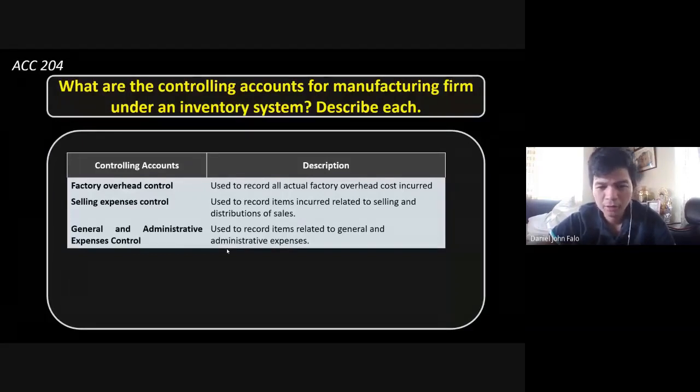So in factory overhead, malaki yung difference between the actual and the budgeted factory overhead, or what we call the applied factory overhead. Kaya meron separate controlling account si factory overhead para dun sa actual factory overhead. We have also selling expense and general and administrative expenses control.